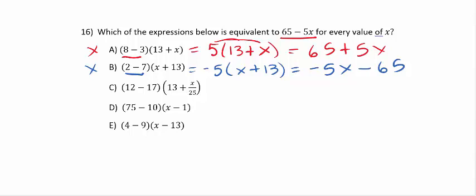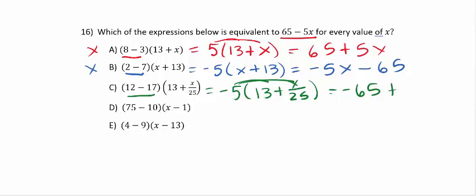We'll look at c. We have 12 minus 17 first. That's going to give us a negative 5. And we're going to multiply that by 13 plus x over 25. So when we distribute, we have negative 5 times 13 is going to be negative 65.